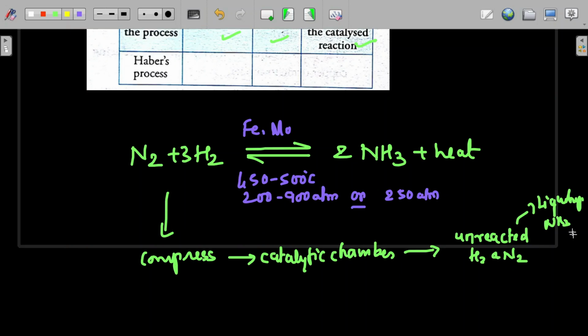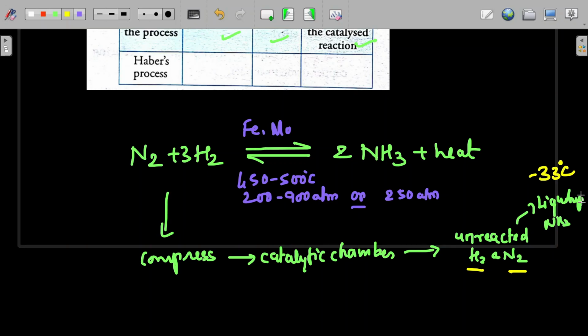Because ammonia's condensation point, meaning turning from gas to liquid, is around minus 33 degrees Celsius, whereas hydrogen and nitrogen have very low condensation temperatures. So they will remain in a gaseous state at minus 33, whereas only ammonia will turn into liquid.